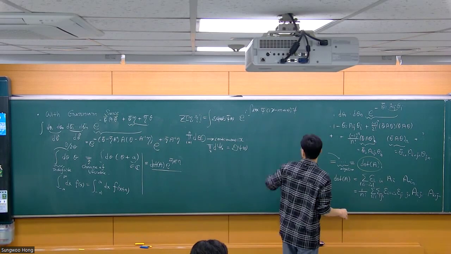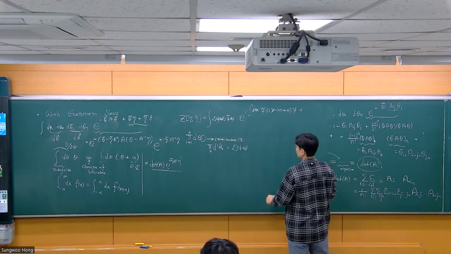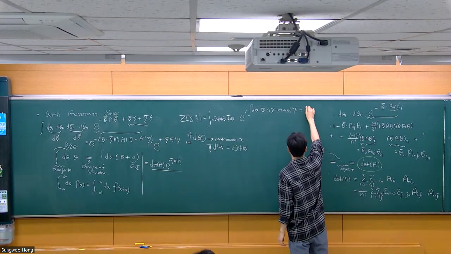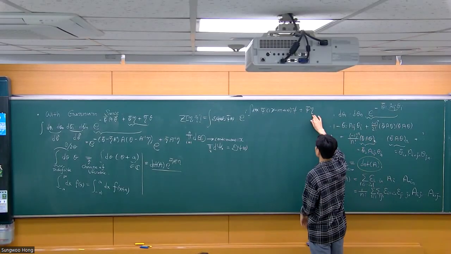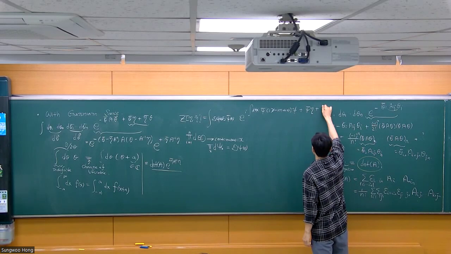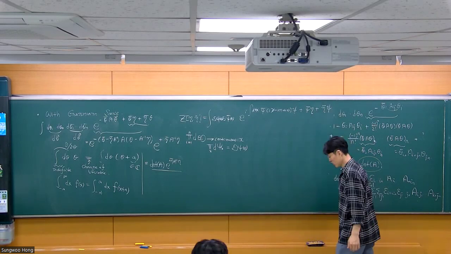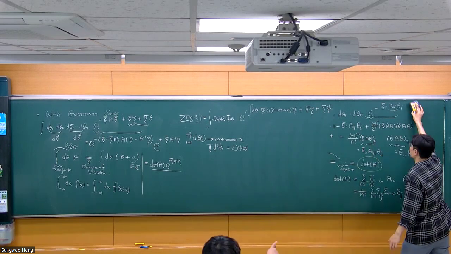So that's why I get this epsilon. And then you're going to have psi bar, and then we have the Grassmann source field, in this case the source, eta bar and psi. So this is the object we want to compute.